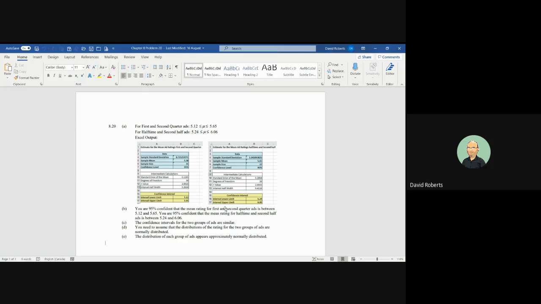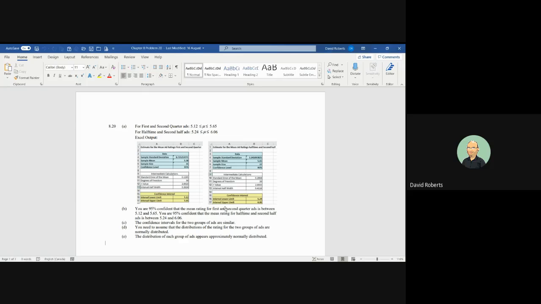The confidence interval is 95%. The lower limit is a rating of 5.24, and the upper limit is 6.06. As you can see, there's overlap between the two, but the second half has a higher rating than the first half.